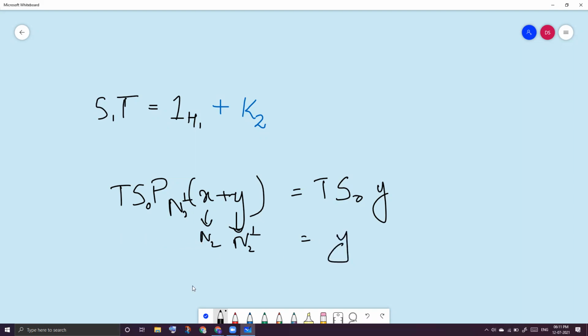So this map actually is T S0 P N2 perp, which is equal to 1 of H2 minus P N2.